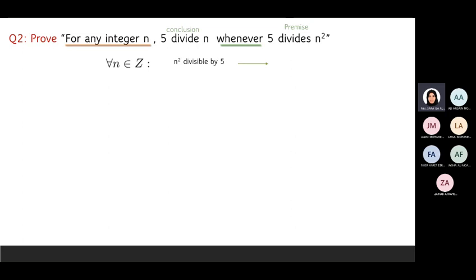5 divides n square نعبر عنها n square divisible by 5. لما أقول الخمسة تقسم n square يعني معناتها n square تقبل القسمة على 5, divisible by. And 5 divides n معناتها n divisible by 5. So now this English can be converted into this symbolic form.